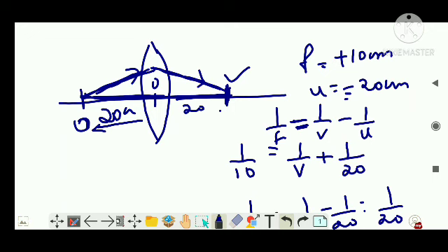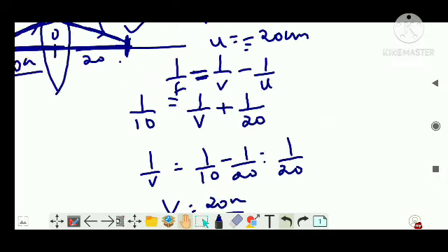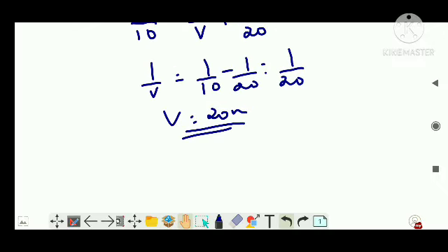Here u has a negative value and v has a positive value. So when v and u have opposite signs, the image formed is always a real image.